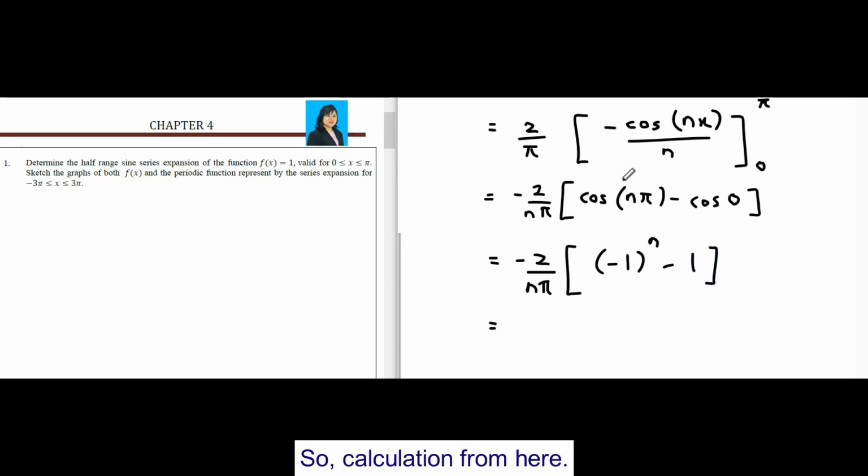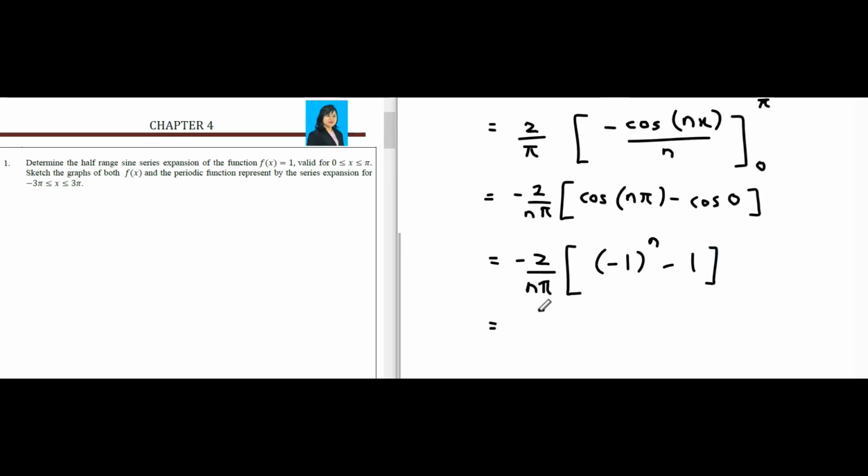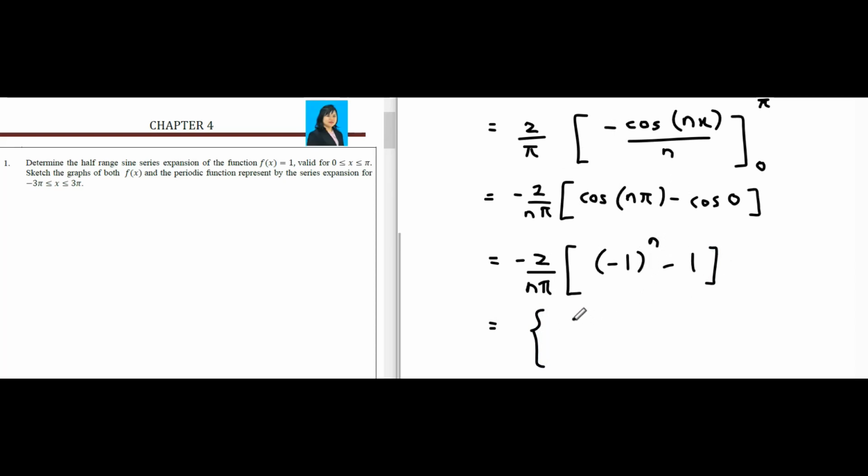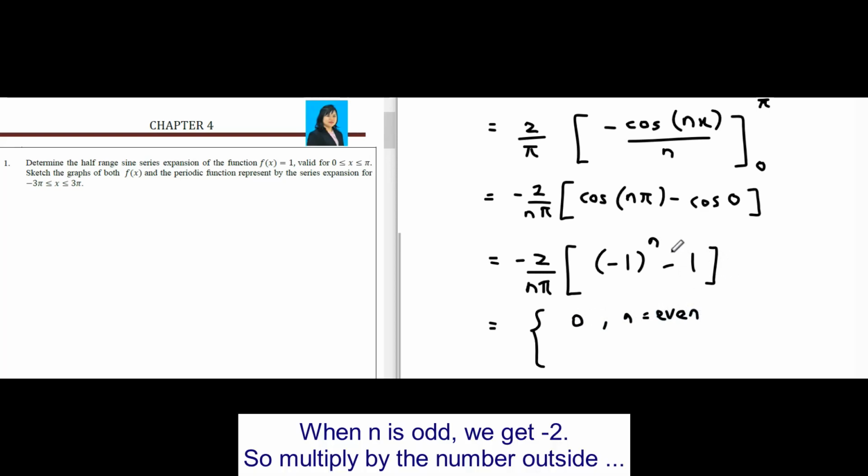So calculation from here, for n even, we get the value of 1 minus 1, so 0. When n is odd, we get negative 2.